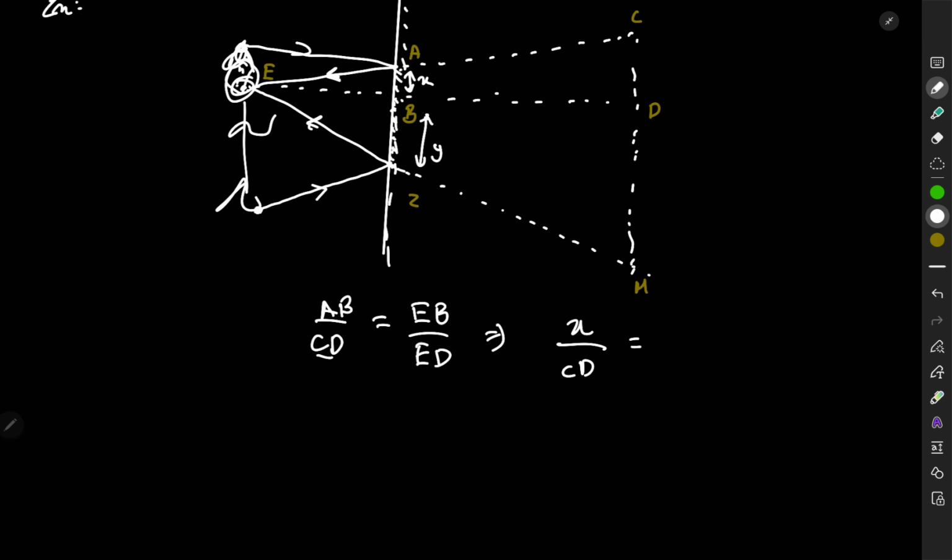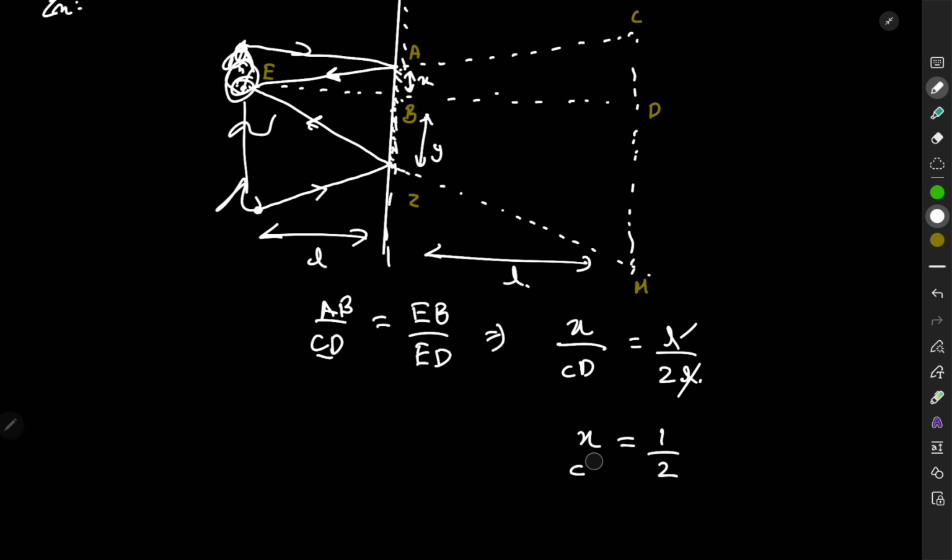What is EB here? This is L, and this also will be L. L by 2L, right? Do you agree? L and L will get cancelled, and X is equal to CD by 2, and the 2 will go on that side. It will come like this.